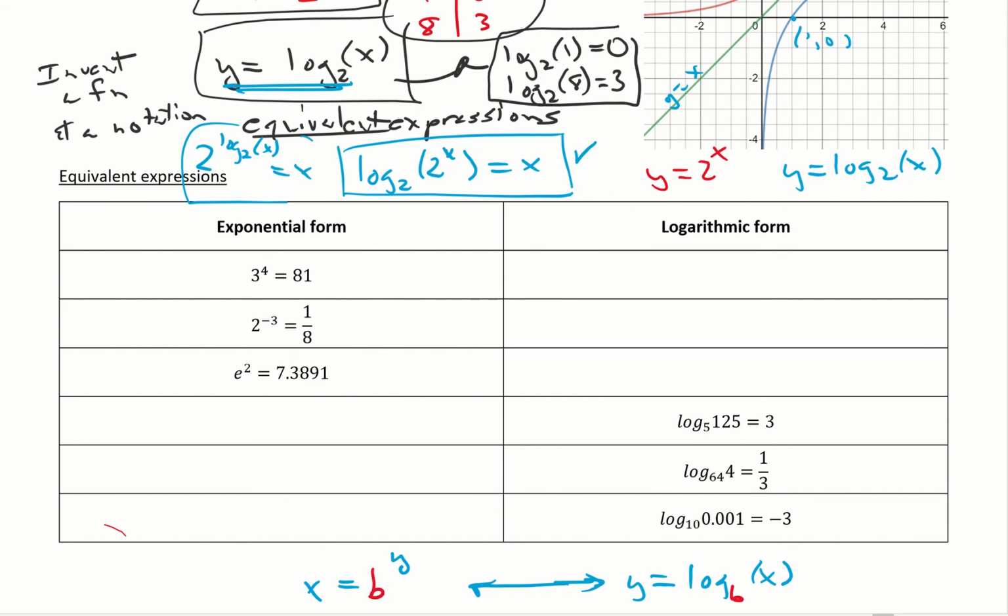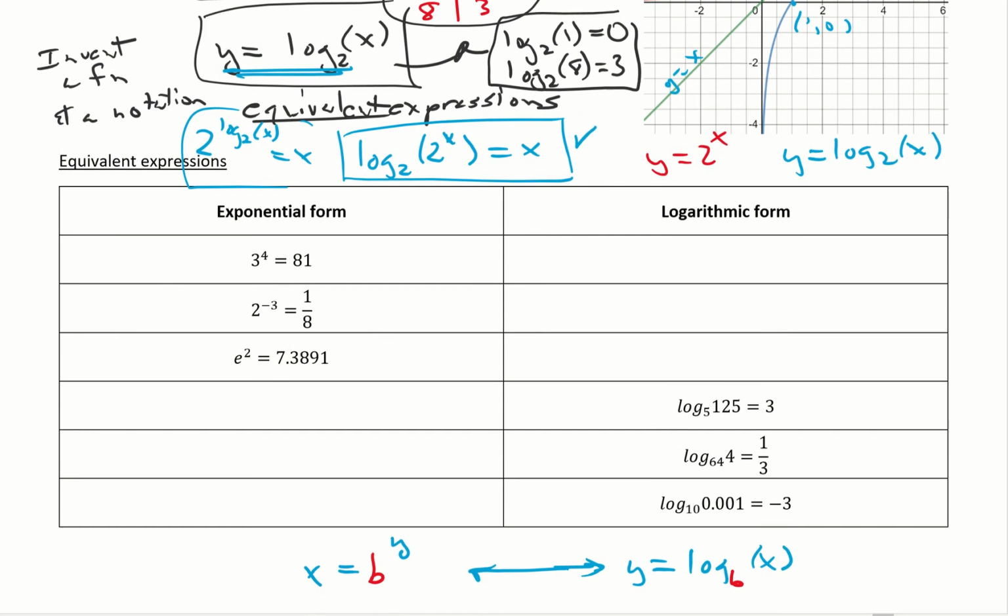Okay. So let's turn these into equivalent statements. Ready? The first one is this one right here. 3 to the 4 is 81. How do we write that as an equivalent statement?